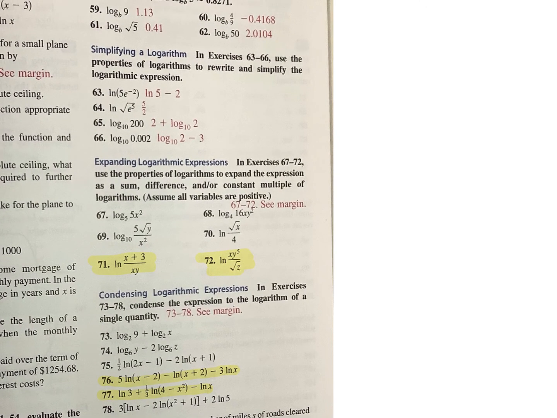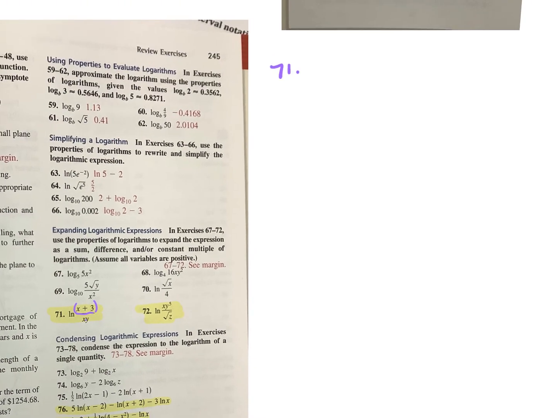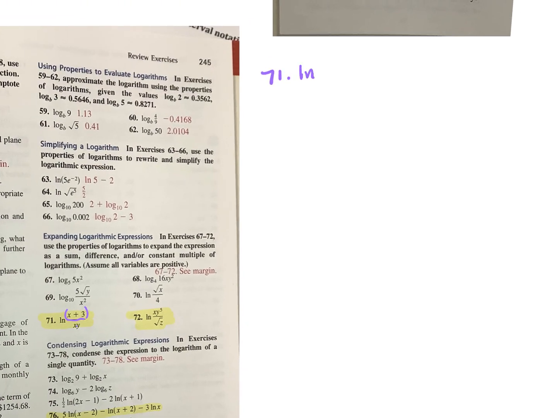So looking at 71, here we are expanding. So I have x plus 3 on the top. This is one term, stays together. And then on the bottom, I'm dividing and multiplying x times y. So I have ln of x plus 3. Then I have division going on, so this would be minus everything on the bottom, so ln of x times y.